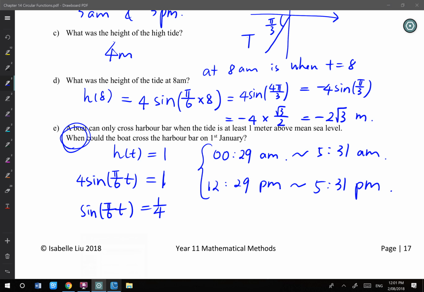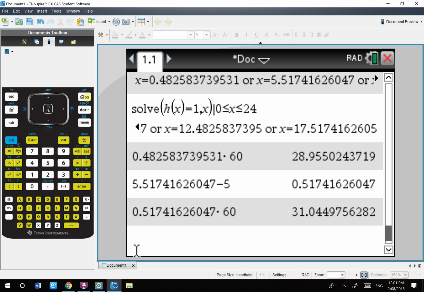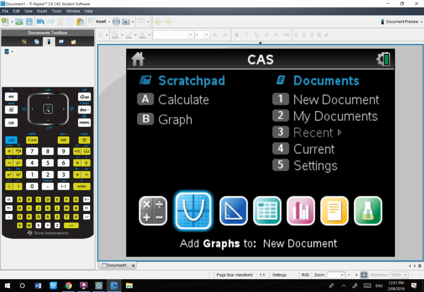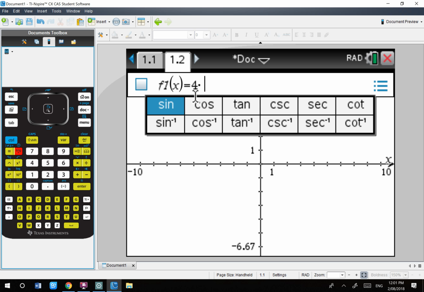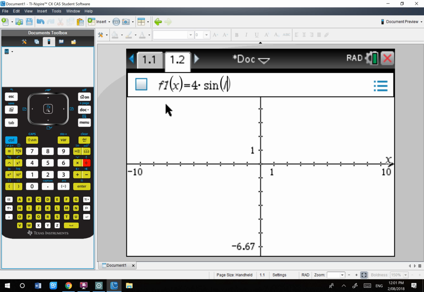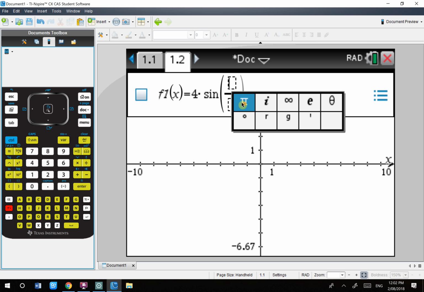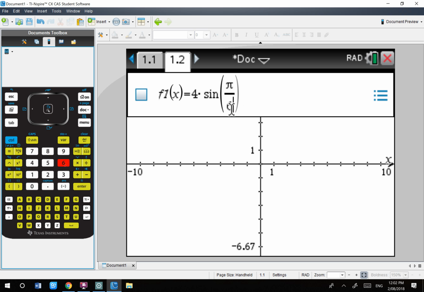One last thing I want to talk about is how to sketch circular functions on the calculator. For example, I want to sketch 4 times sine of pi over 6 times t.